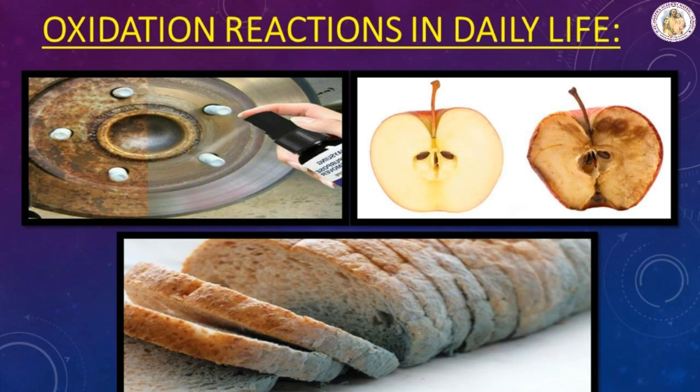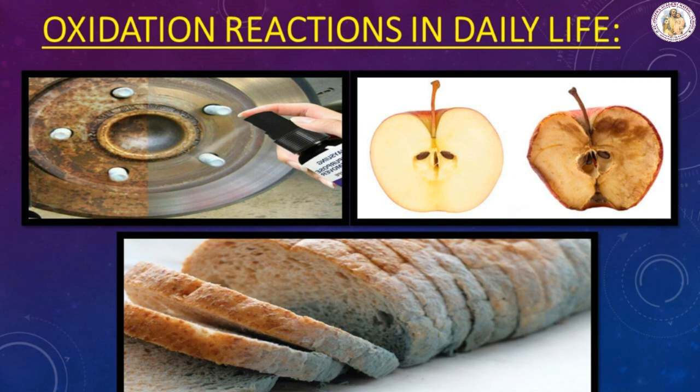Now, oxidation reactions in daily life. In nature, the oxygen present in atmospheric air oxidizes many things, from metals to living tissues. For example, the shining surface of metals tarnishes due to the formation of respective metal oxides on their surfaces. This is called corrosion.